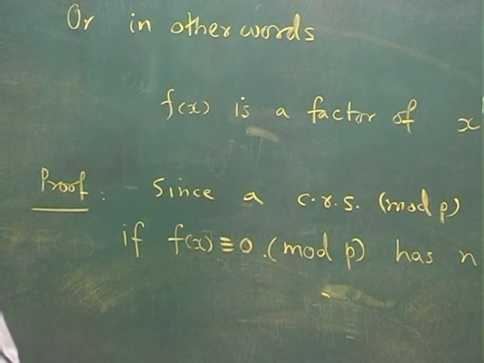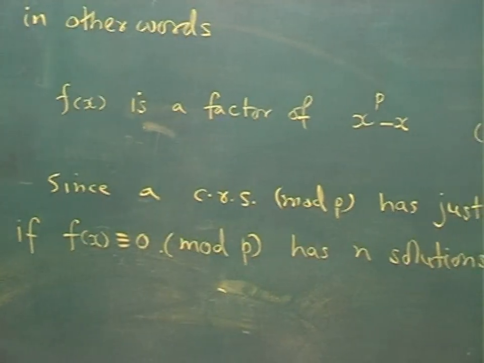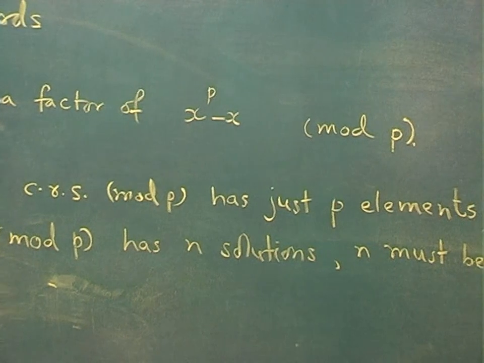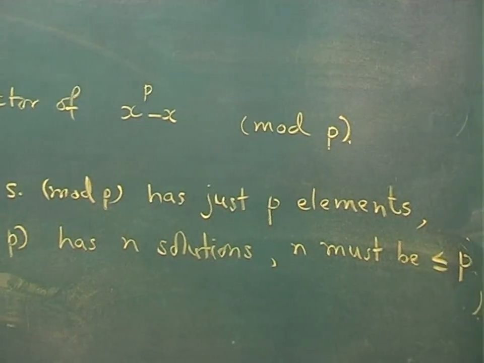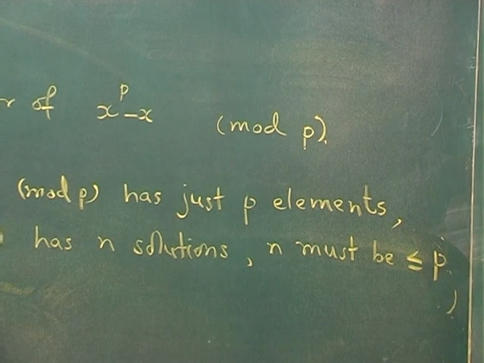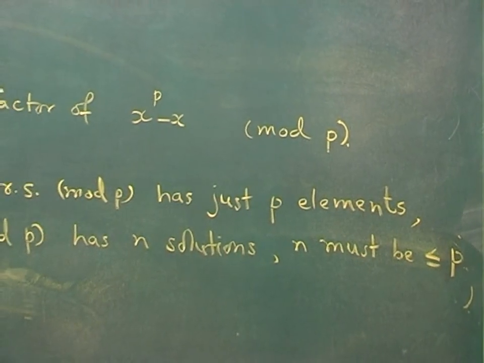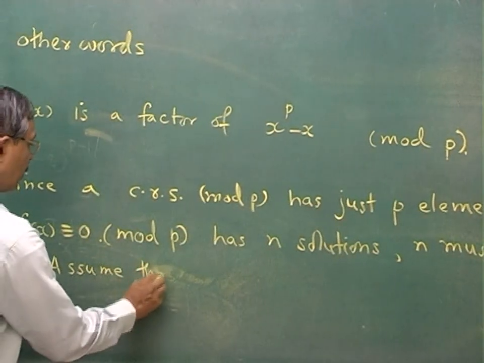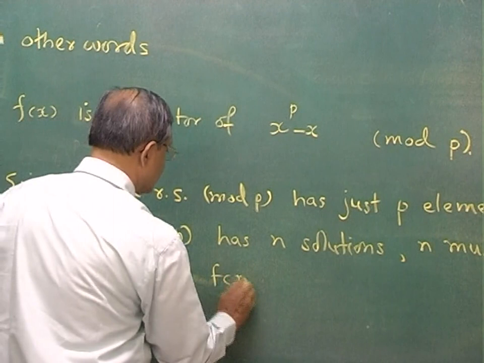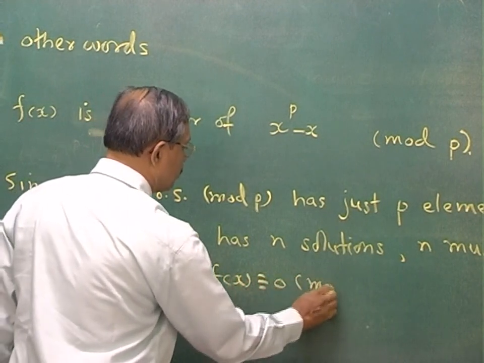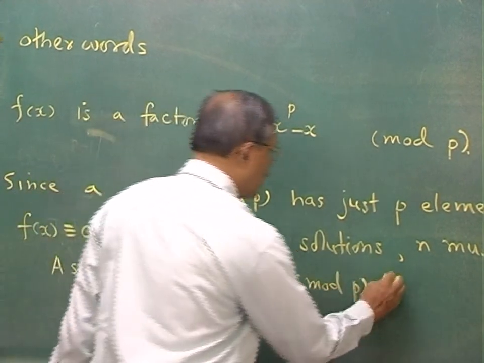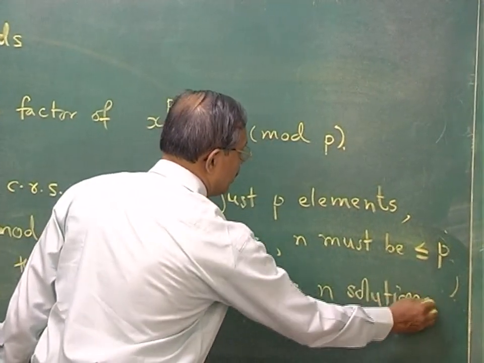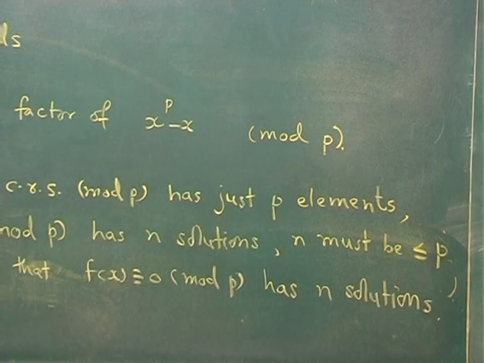Now f(x) is a monic polynomial, and we divide x raised to P minus x by f(x) and get a quotient and a remainder. Assume that f(x) congruent to 0 mod P has n solutions, where n is the degree of f(x).